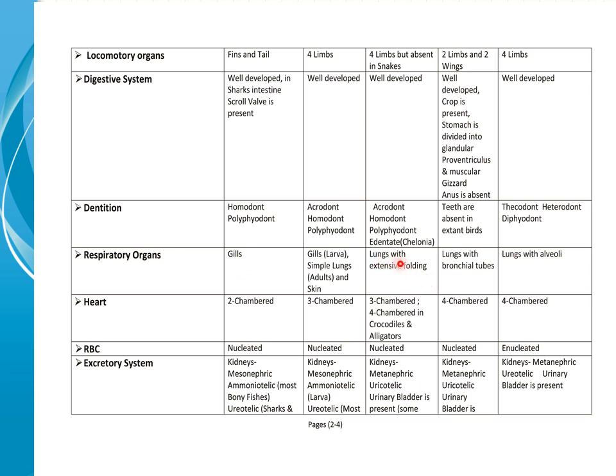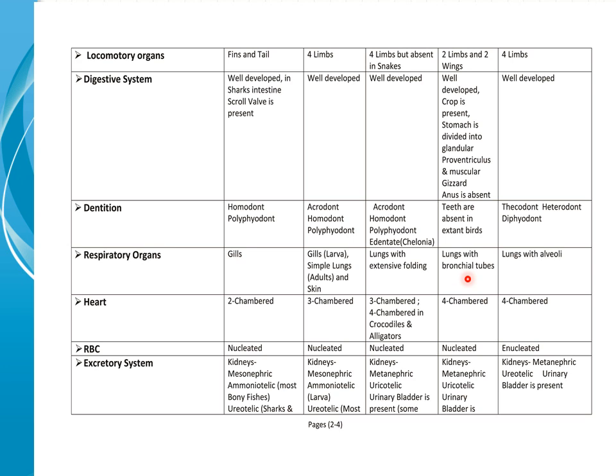Reptiles have lungs for respiration with extensive foldings in them. The lungs of birds have bronchial tubes and associated air sacs. The lungs of birds have 9 air sacs associated with them.